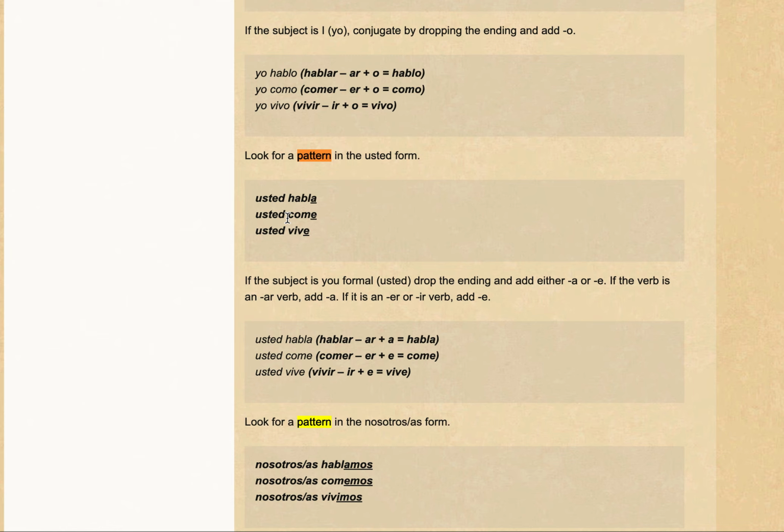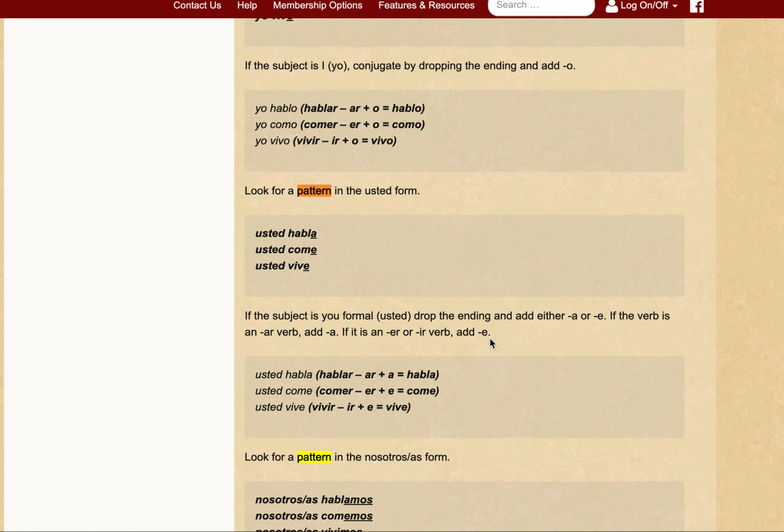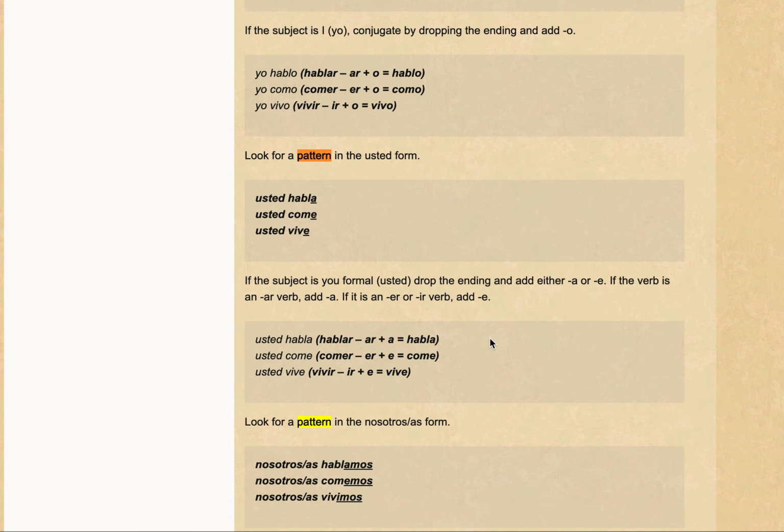And with usted, again, you are removing the ending of the verb, and now to remember what exactly you're adding to it: in this case, you're dropping the ending and you're adding either an a or an e. And now to remember when you're adding an a and when you're adding an e, right?